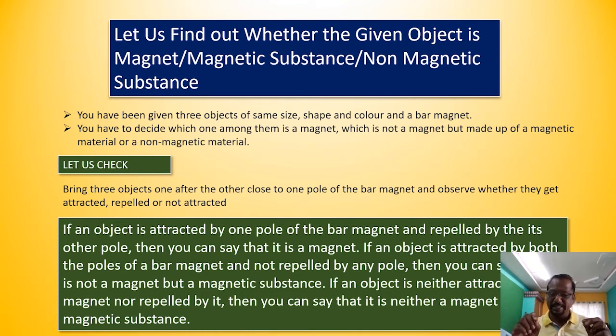If an object is attracted by both poles of the bar magnet but not repelled by any pole, then you can say it is a magnetic substance. If an object is neither attracted nor repelled by it, then you can say it is a non-magnetic substance.